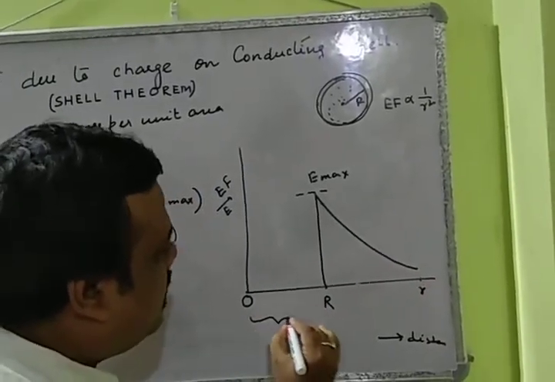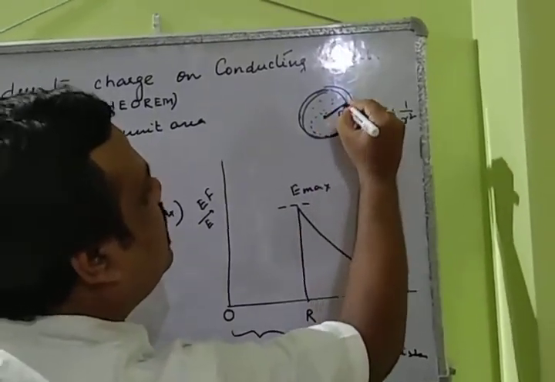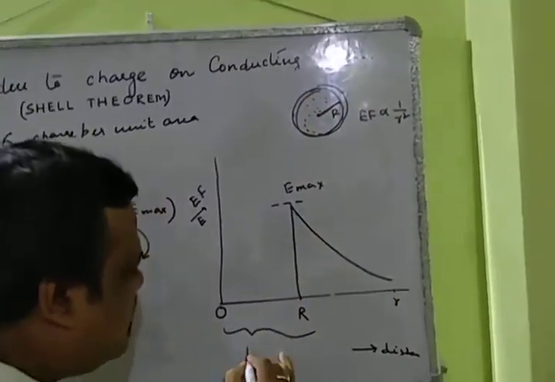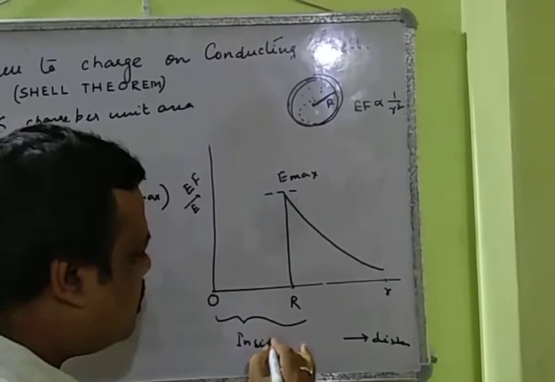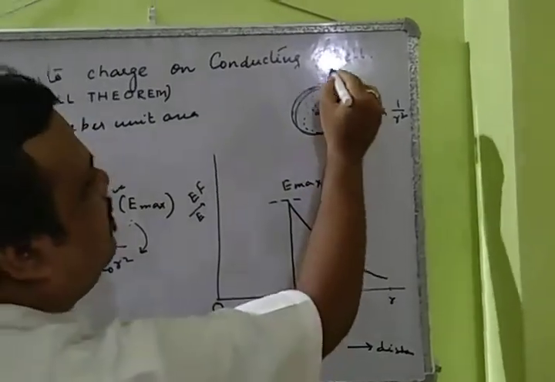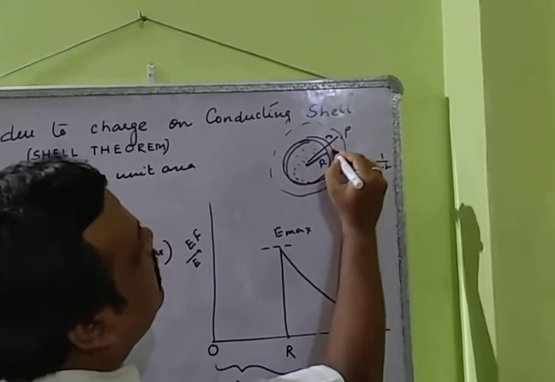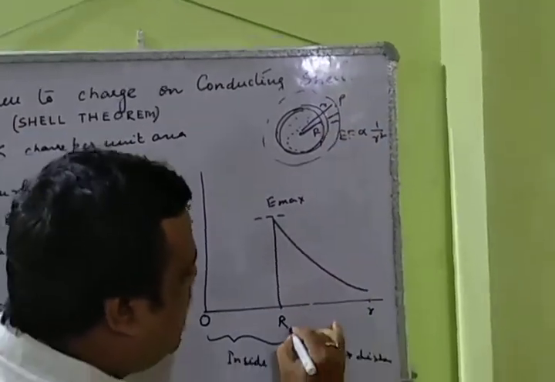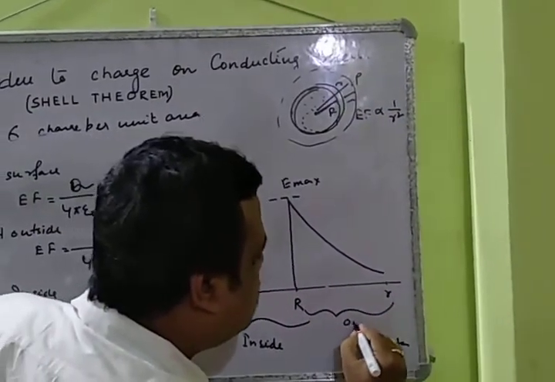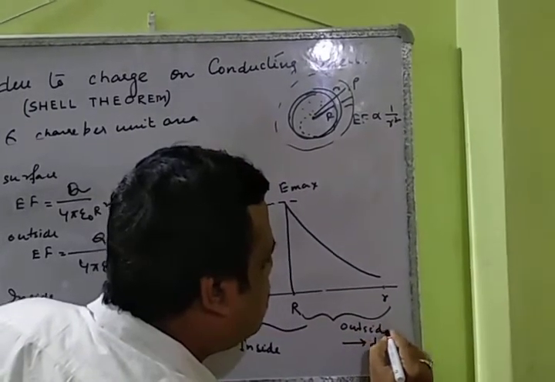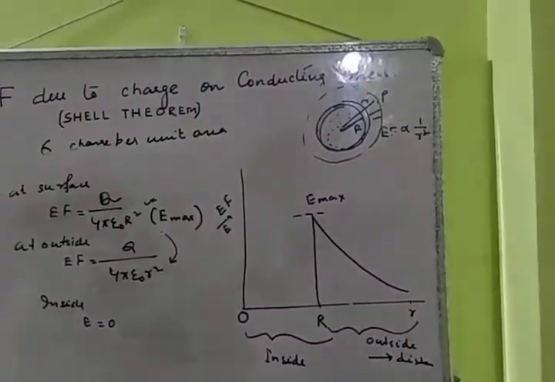So from 0 to capital R, what do we call this? Inside. And beyond capital R, suppose this is a point P, what is this? Outside.